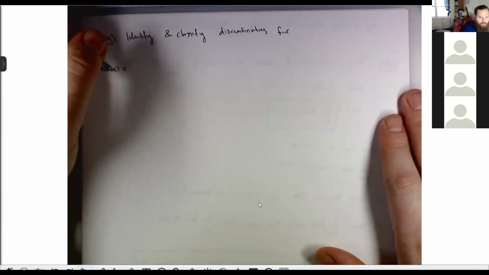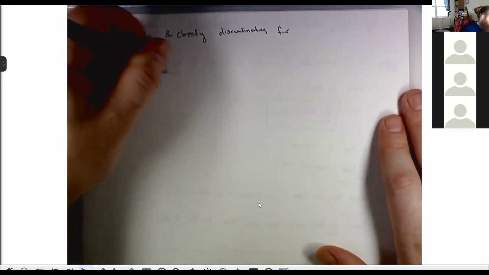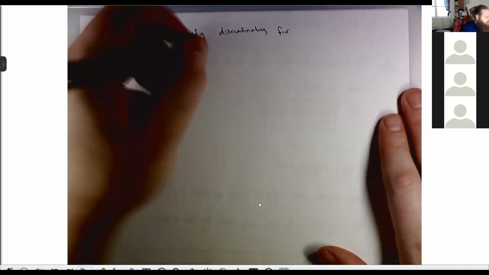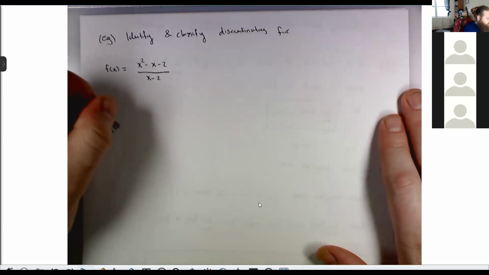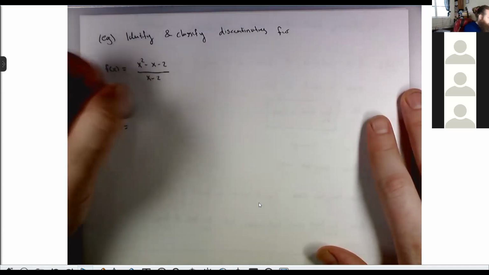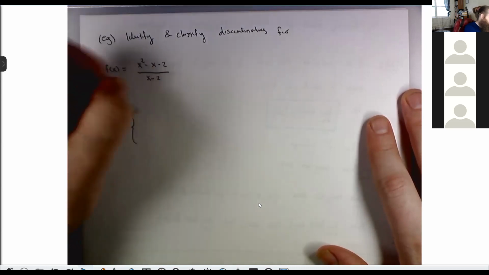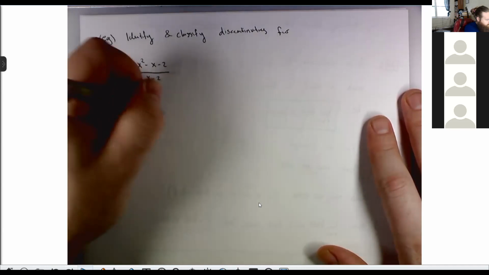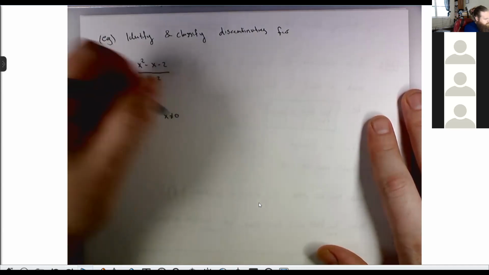F of x equals x minus 2 over x minus 2. I'll use different labels. 1 over x squared.